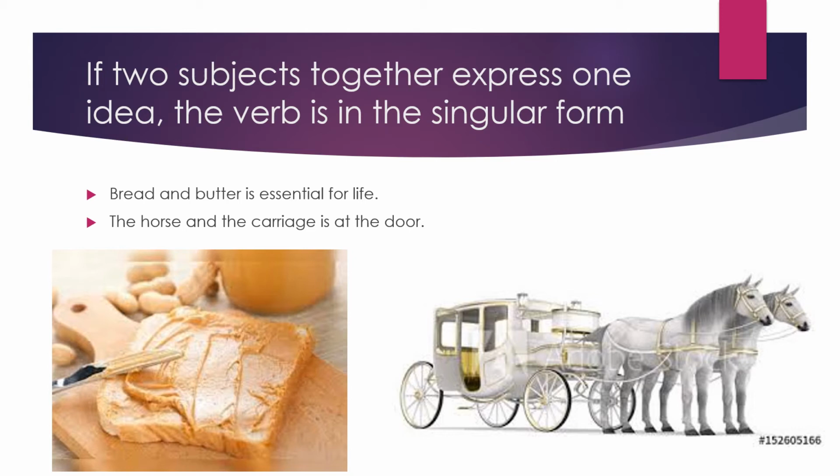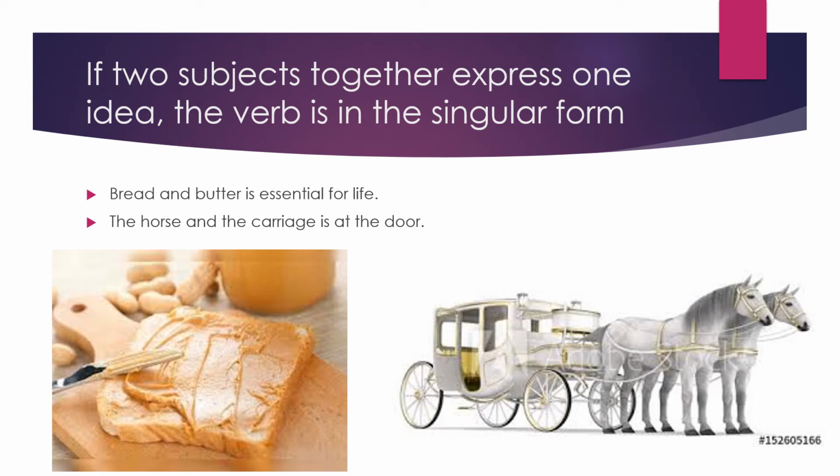Maybe the second example, the horse and the carriage is at the door. Now, here, the horse and the carriage. The horse is one entity. The carriage is another entity. And in the previous rule, we discussed that the moment we are adding "the" before the second noun that we have, then it will make it a different entity.